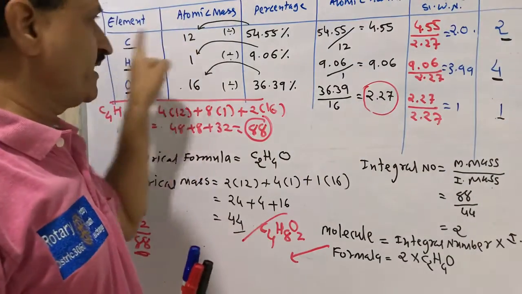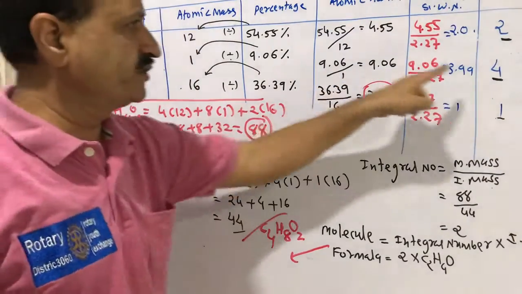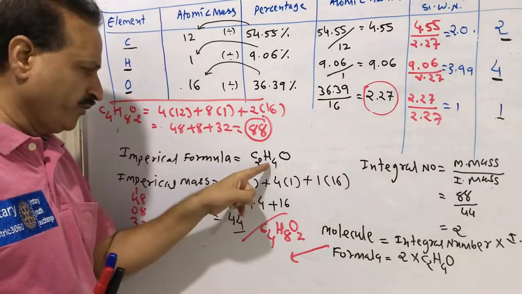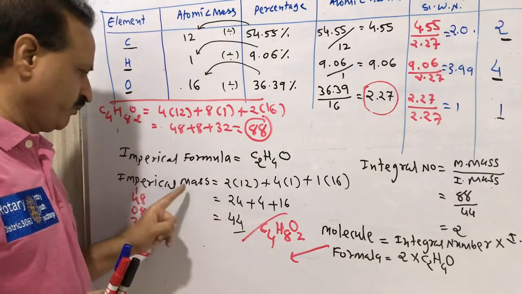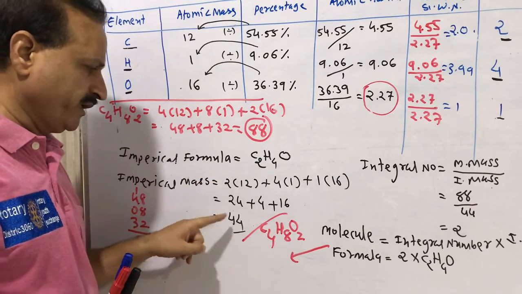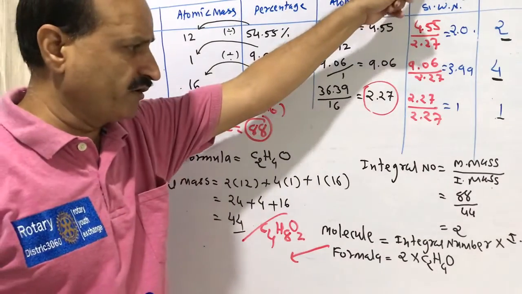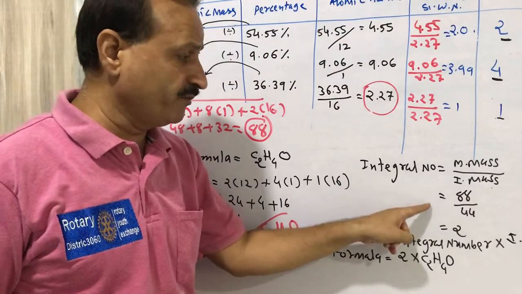So it proves that carbon is 2, hydrogen is 4 and oxygen is 1. That is the empirical formula. With the help of the empirical formula you will find the empirical mass. With the help of empirical mass and given molecular mass you will find out the integral number.